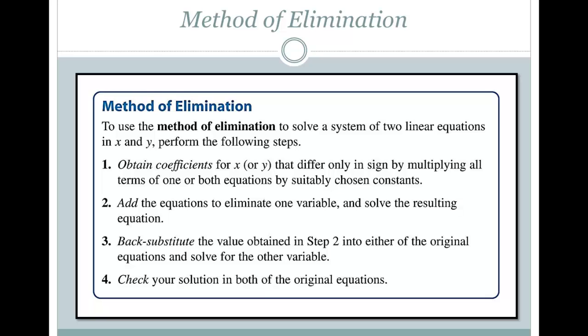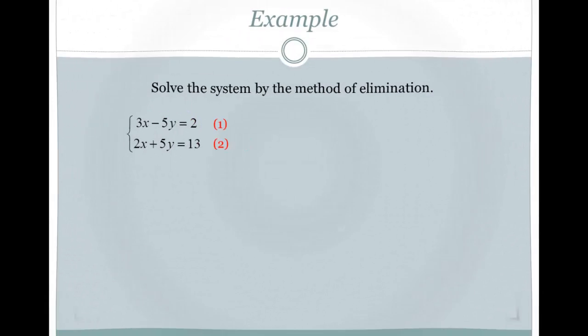Once I eliminate one of the variables, I can solve for the other, and then go back and do back substitution to solve for the first variable. Again, it sounds complicated, but really isn't. Let's do some examples to show you how to go about this. This is a pretty straightforward one, because I already have coefficients for y that differ only by sign.